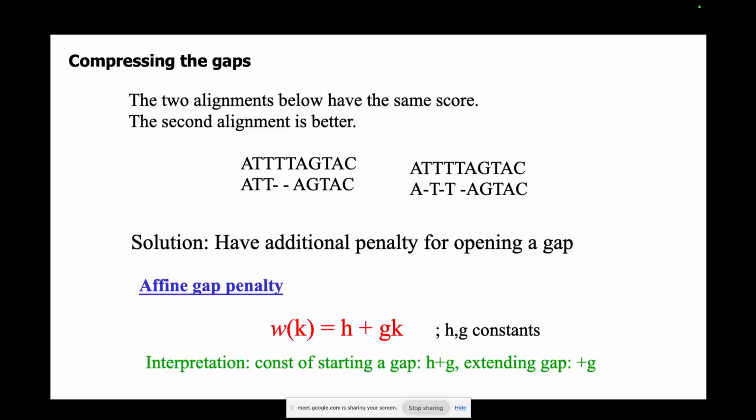If you want to open a gap, that should cost you more in terms of the alignment score compared to when you are just trying to extend the gap. Biologically, opening a gap is harder than just extending a gap. So keeping that in mind, you have different affine gap penalties.